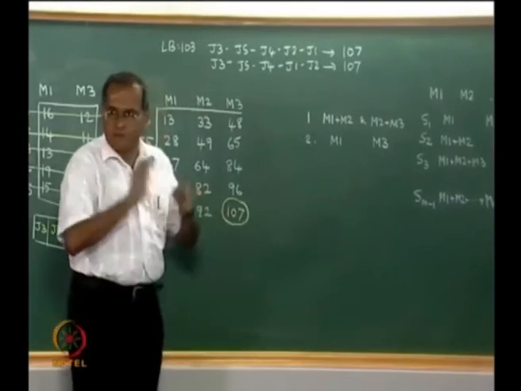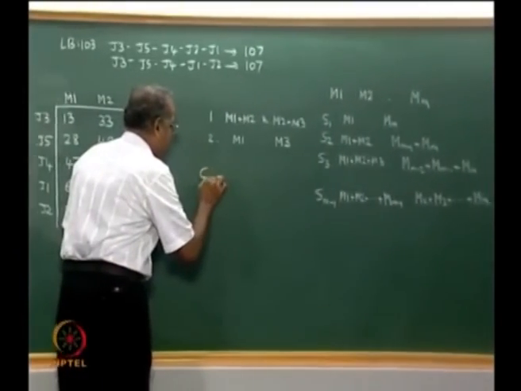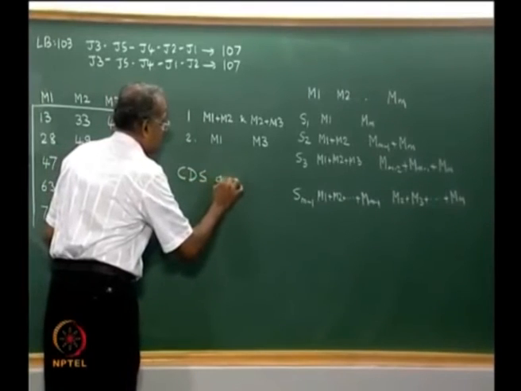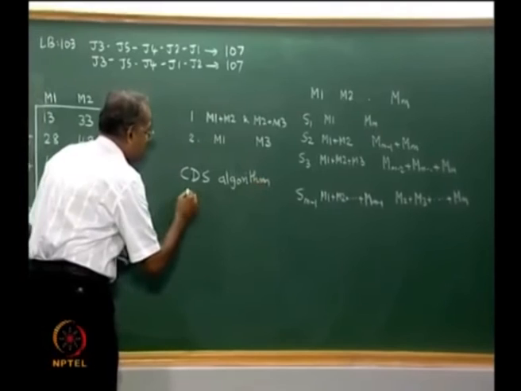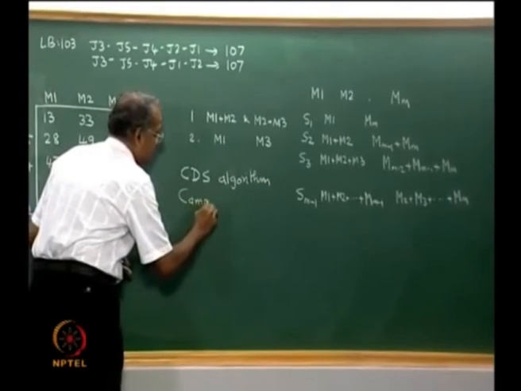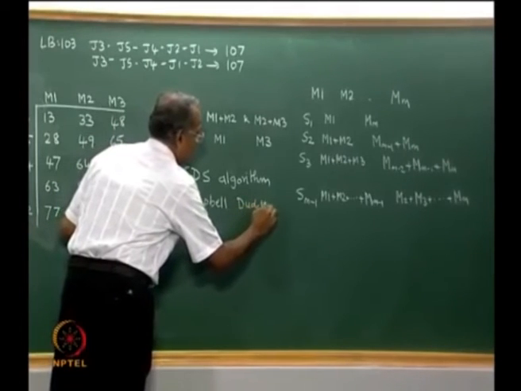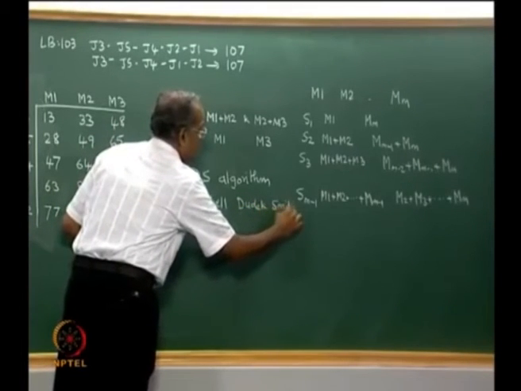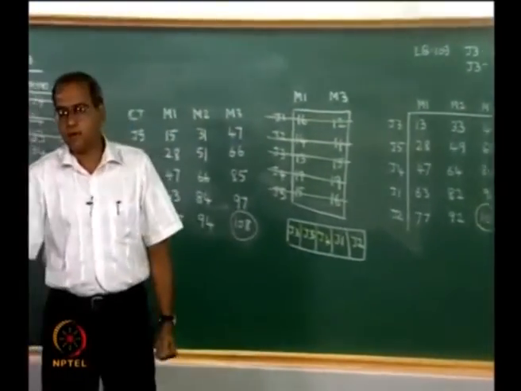Now, this is still a heuristic algorithm. This heuristic algorithm is commonly called the CDS algorithm, which stands for Campbell, Dudek and Smith, who are the 3 authors, and this came in 1977.